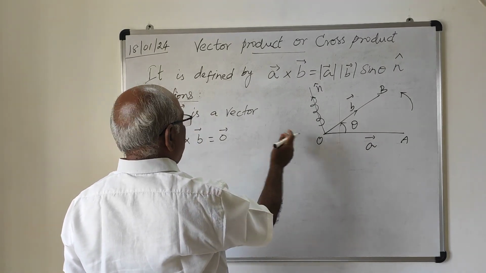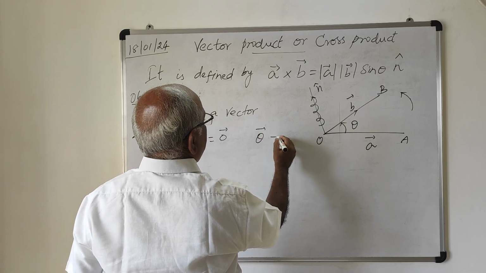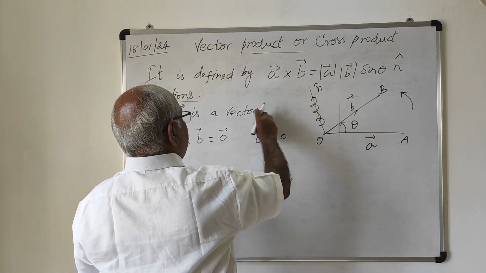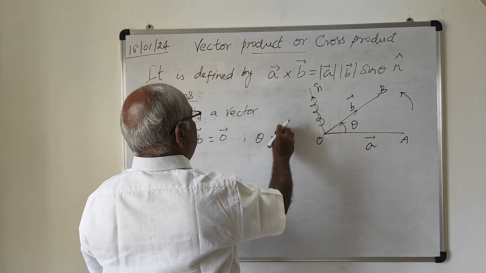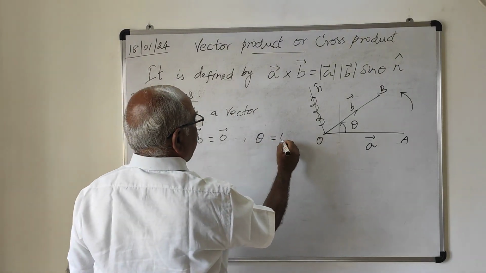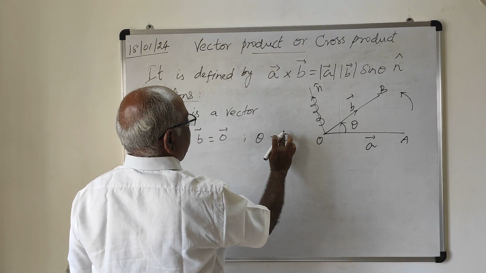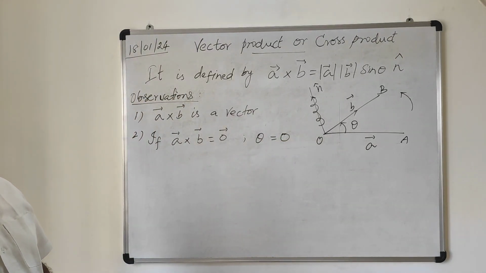Theta is 0 means A and B are acting along the same direction. In this case, if A cross B is 0, either A vector is 0 or B vector is 0 or theta is 0. Theta 0 means A and B are acting along the same line, or they are parallel.